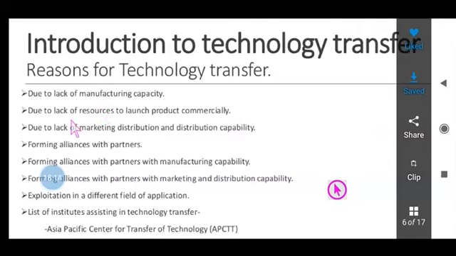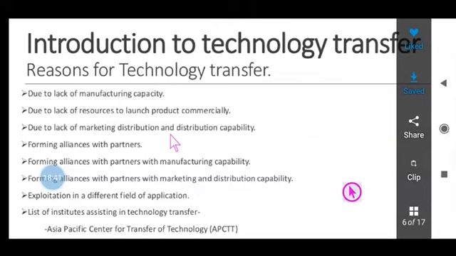Another reason is lack of resources to launch the product commercially. This is the same point that we have seen in the first one. The resources are lacking with the researcher to launch that product commercially. Then, lack of marketing and distribution capability.